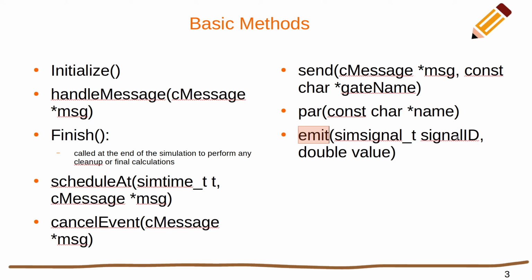Emit: for example, if the simple module implements the physical layer of a protocol, and a packet collision happens, then the module can emit, or tell other modules, that a collision has happened. The other modules can subscribe or listen to these signals or emissions and then act accordingly.